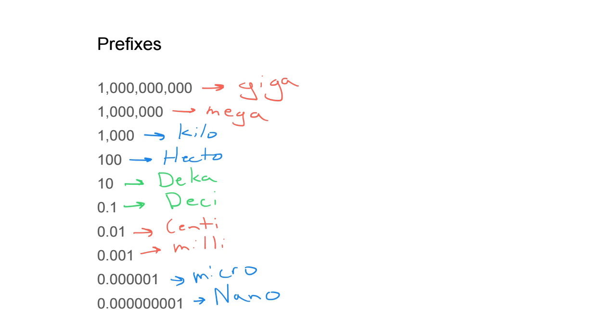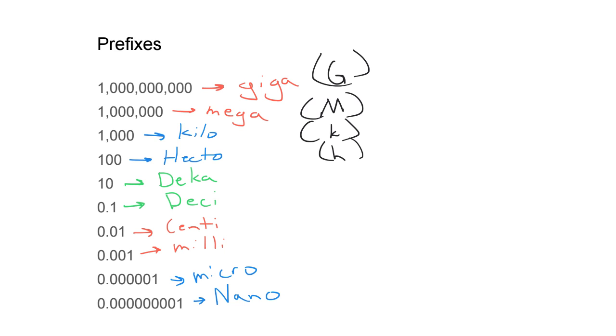All right, and let's get down the letter abbreviations for these too. Giga is a capital G. Mega is a capital M. Kilo is a lowercase k. Hecto is a lowercase h.